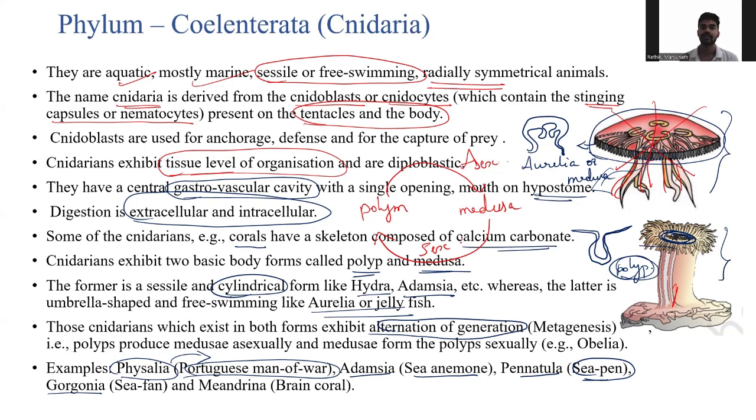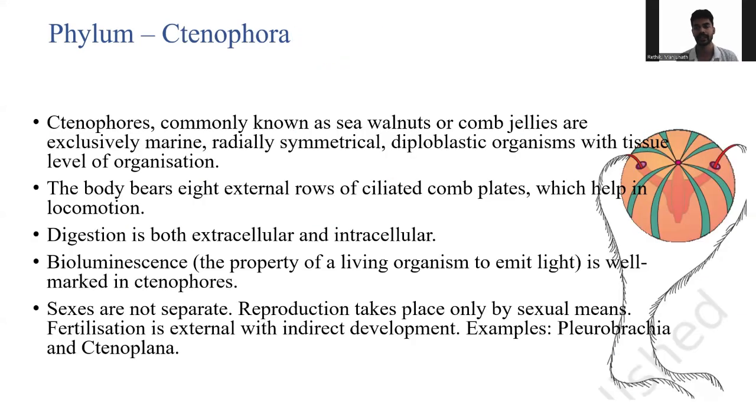So this is all about the phylum Coelenterata. Now we'll go to the phylum Ctenophora. This is the third phylum we have discussed. Coming to the phylum Ctenophora, they are commonly called sea walnuts or comb jellies.